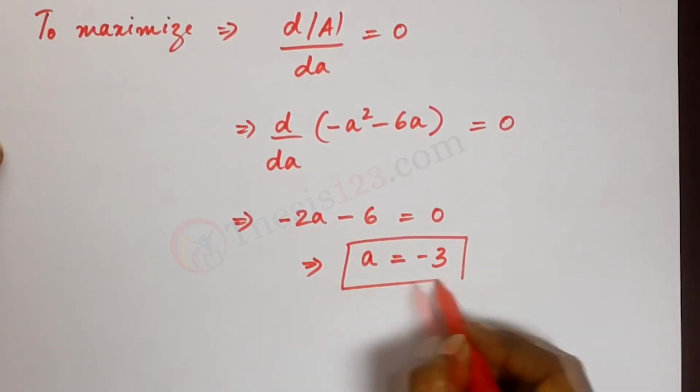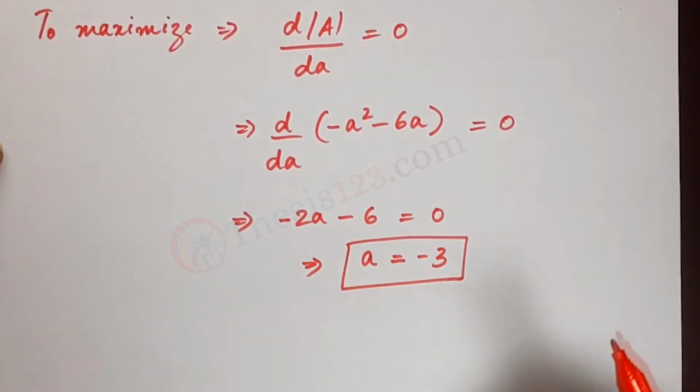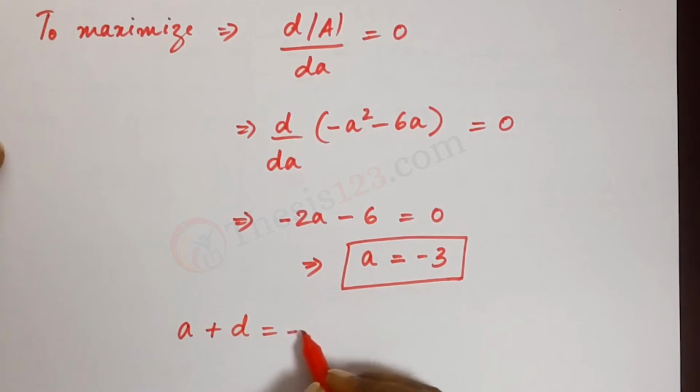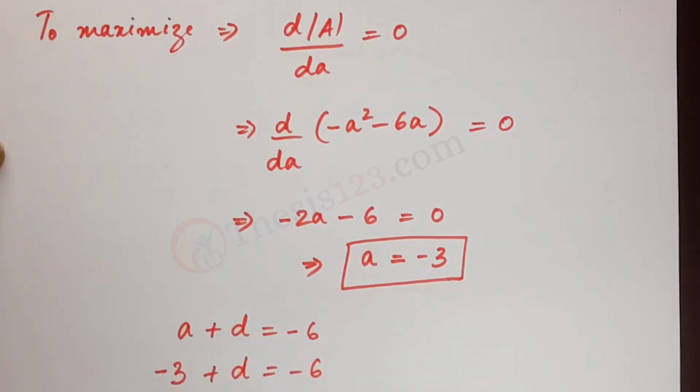So we have the value of A, from which we can actually find out the value of D. We have the equation A plus D equals minus 6. So if we substitute the value of A, it's minus 3 plus D equals minus 6. That gives us D is equal to minus 3. So we have A equals minus 3, we have D equals minus 3. So all that's left is to find out the determinant.